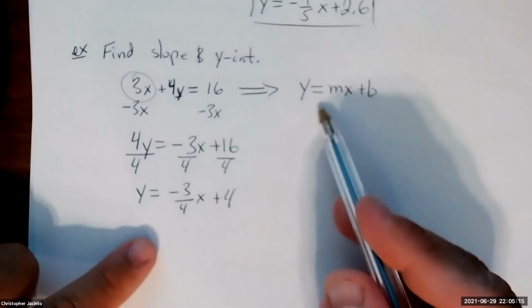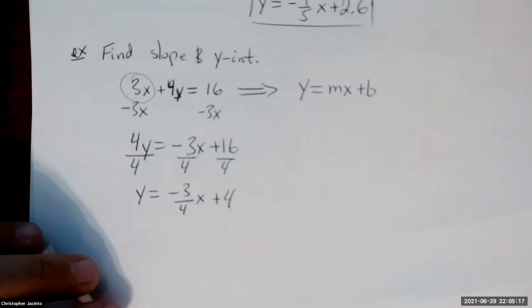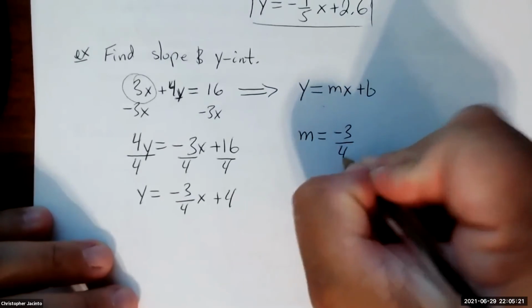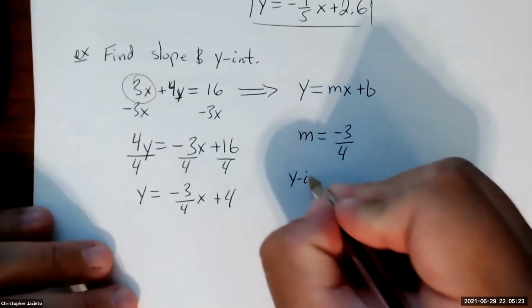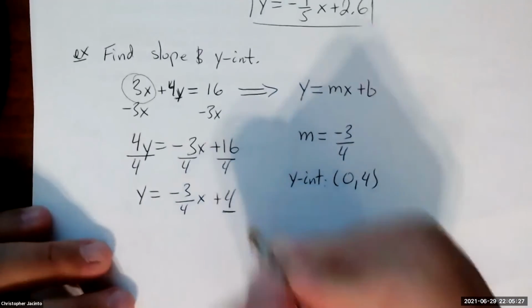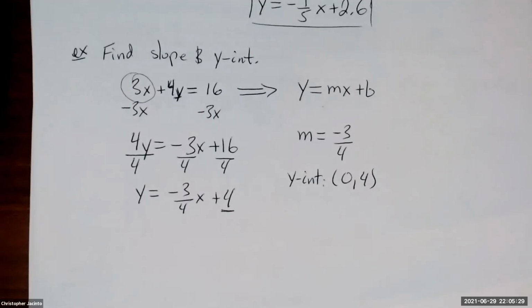And there you go. We converted it to that form. And now here we could find our slope, which is -3/4, and our y-intercept, which is 0,4, because that's the number there. So for your homework, let me see if I can show you your homework here.